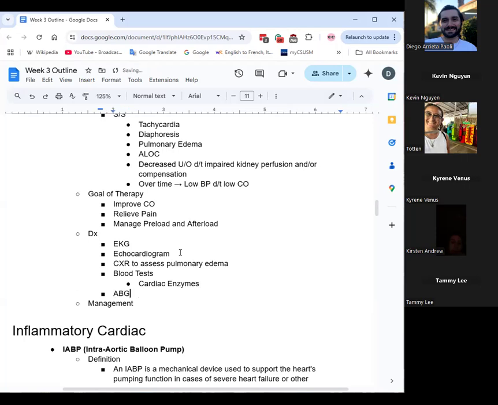ABGs, so we can go into acidosis from lack of proper oxygenation. Echo, yes. Echocardiogram to assess for ejection fraction, EKG. Yeah, how would muscle damage show up on an EKG?